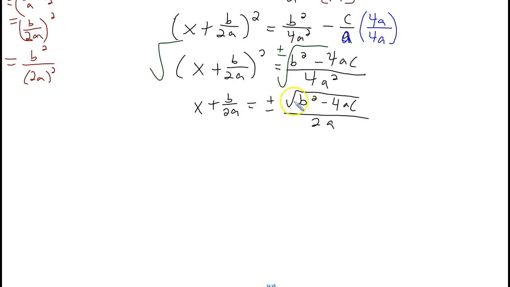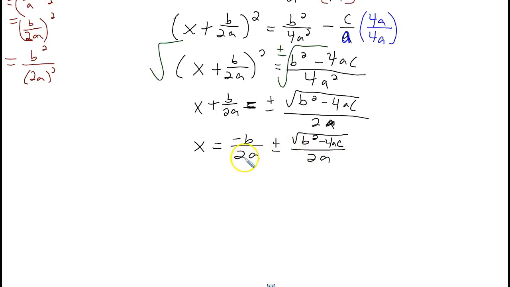All right, so my handwriting is getting kind of weak here, and I apologize for that, but we're almost done. We're going to subtract this b over 2a to the right side of the equal sign here. There's our equal sign. So we get negative b over 2a plus or minus the square root of b squared minus 4ac all over 2a, or just that part over 2a, all right?